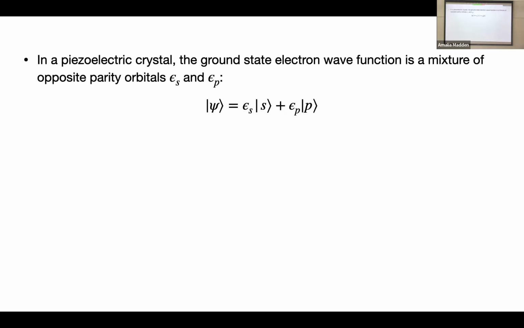So we have hydrogen-like s and p orbitals, and as you might know, s and p orbitals are opposite parity states. In a piezoelectric crystal, because it intrinsically violates parity, your ground state electron wave function is no longer either pure s-like or pure p-like, but contains an admixture of these two opposite parity orbitals. We've denoted this fraction of s and this fraction of p by these epsilons.